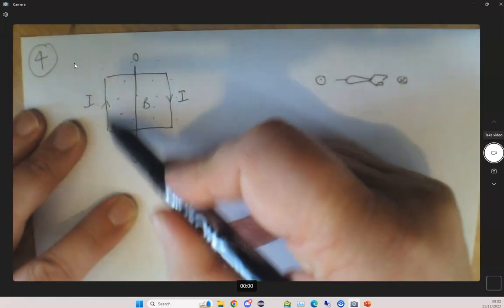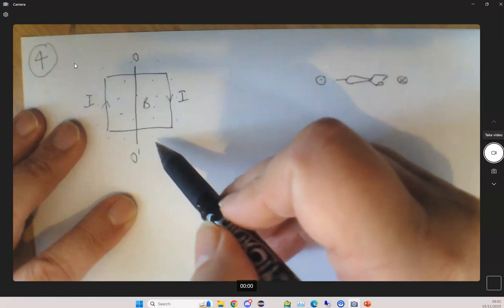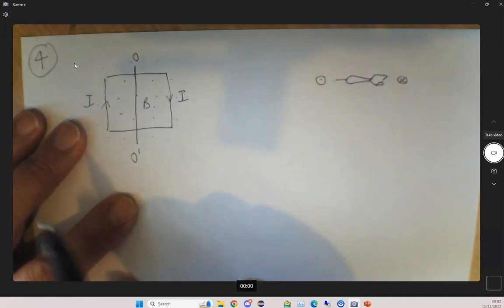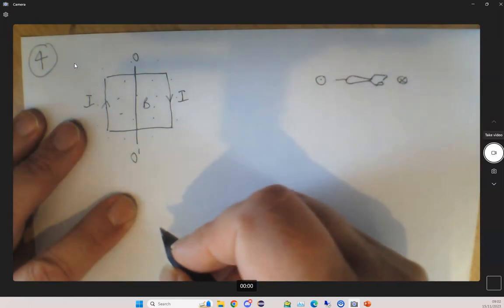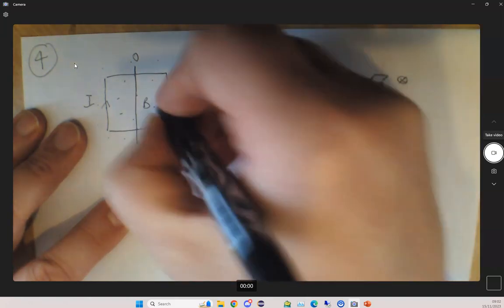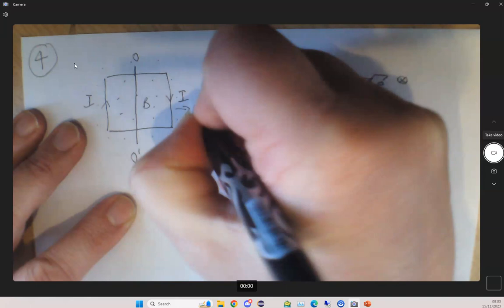Now you can see that in all four parts of this wire, the current is running perpendicular to the magnetic field, because the field is coming out of the page and the current is running in the plane of the paper. So each of the wires is going to experience a force.